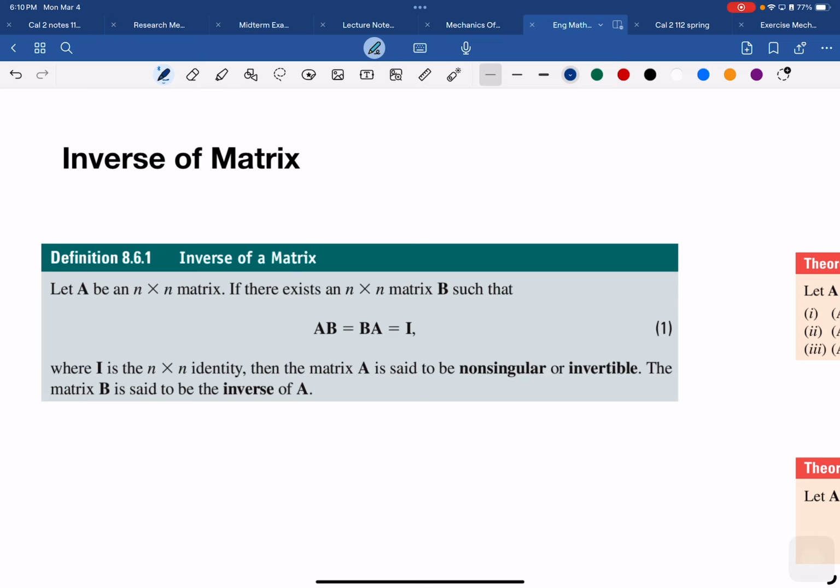So basically, if we have matrix A and matrix B, and we multiply the matrices in order A, B, or B, A, and we get the same result, which is the identity matrix, then we say the matrix A is non-singular. Non-singular means it can be taken as an inverse, or invertible. And then we can also say for the counterpart, B, it is going to be the inverse of A. Okay.